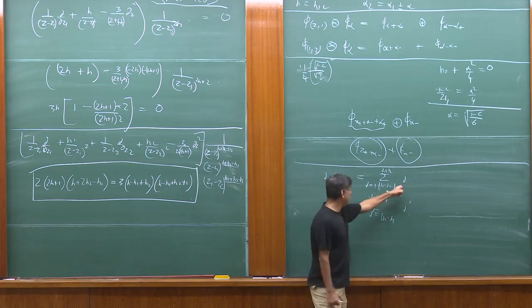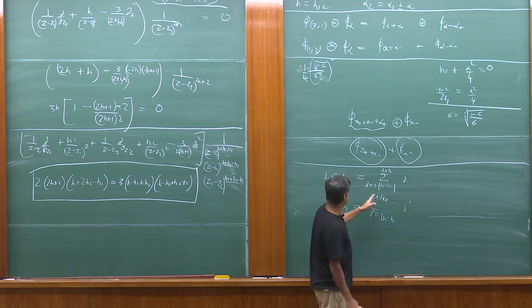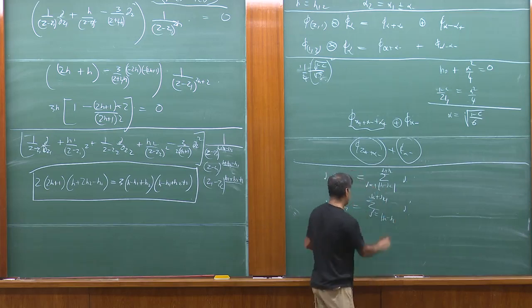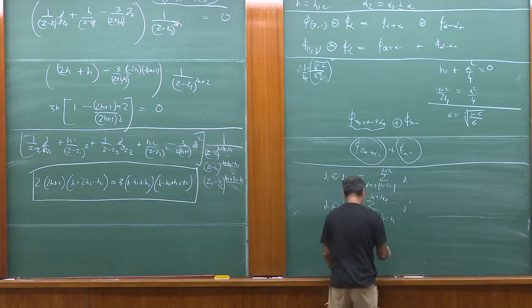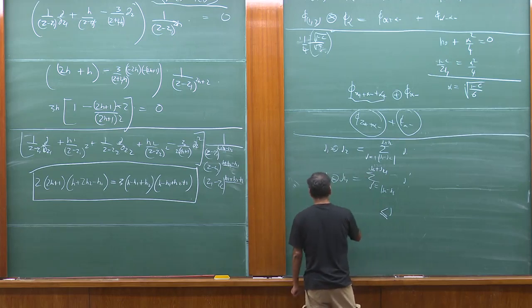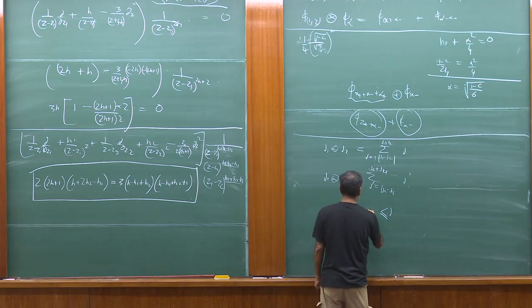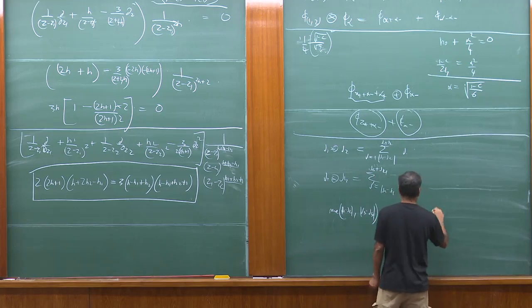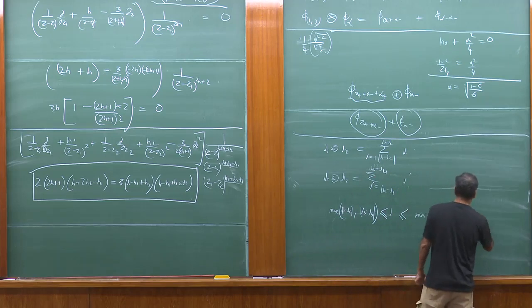So for each value of j that lies both between |j1 minus j2| and j1 plus j2, and between |j3 minus j4| and j3 plus j4, that is, j greater than or equal to max of |j1 minus j2| and |j3 minus j4|, and less than or equal to min of j1 plus j2 and j3 plus j4.